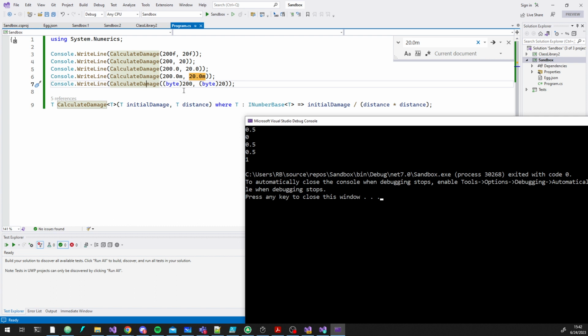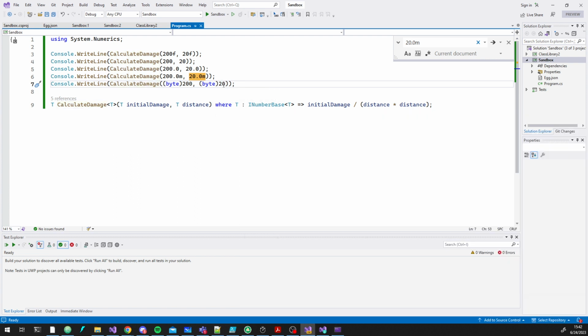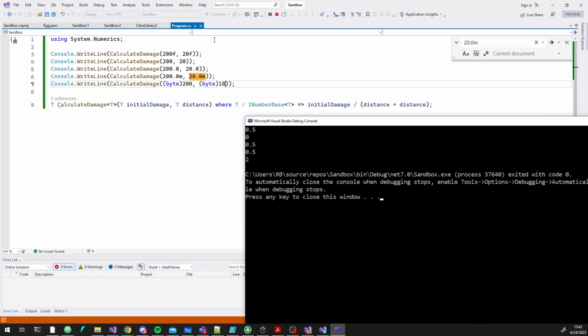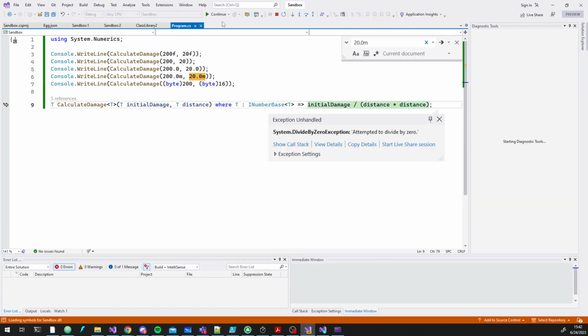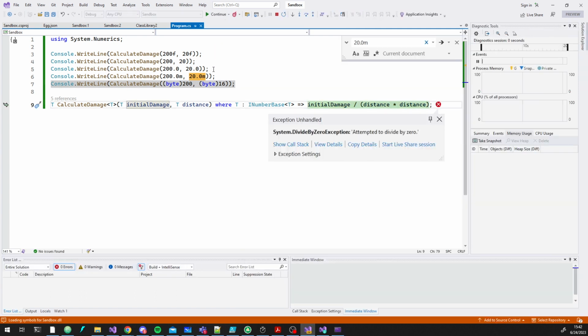So yeah, it's wrong. It's not the correct answer. It's close to these other ones, but it wouldn't surprise me if we just picked a different number and got something wildly different. It just happens to be, there we got a 2. Divide by 0. Oh, yeah, I should have figured that.